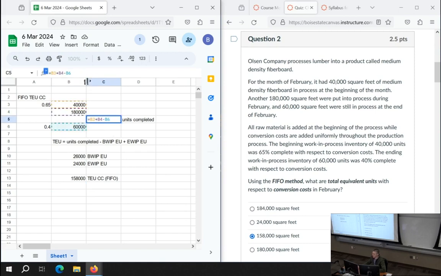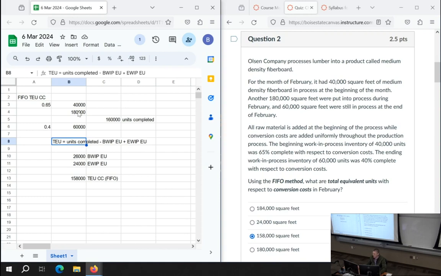Great. Now, one of the tricky parts is if you have this equation floating around in your brain, where you add units started plus beginning WIP and subtract away ending WIP, this equation looks similar in many ways. There's some big number about units, and you're subtracting beginning WIP and adding ending WIP.